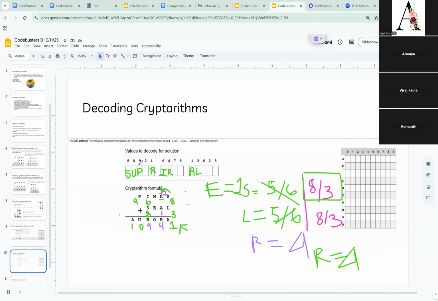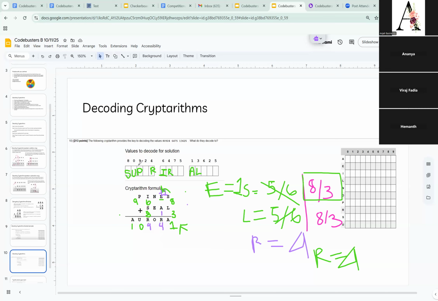Yeah. So then what if we just switch the values? Because we know that R has to be 4 because if R was 3, that wouldn't work, right? Yeah. So then what if we just try switching the values, and that's what we did. So that's why I is 6 and S is 8.